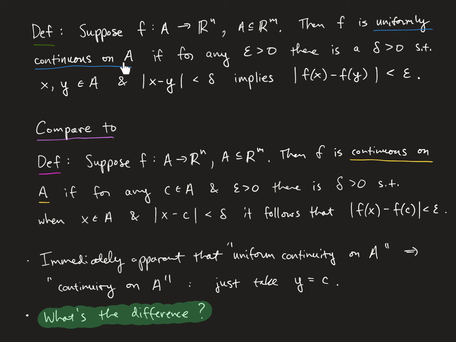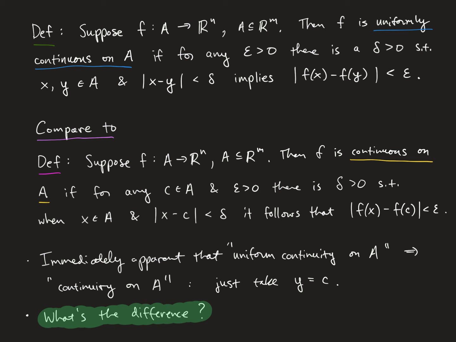For uniform continuity on A, it has to be that for any epsilon, you have to respond with the delta so that when x and y are close by delta, then the images are close by epsilon. In continuity, you have a c given to you ahead of time, and then you just have to say when your x is close to that particular c, then the images are close.